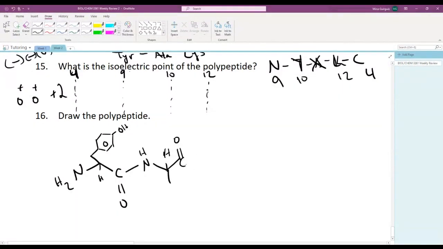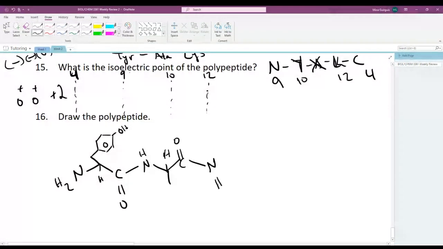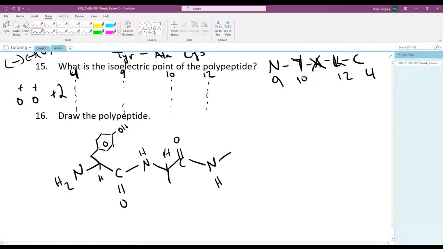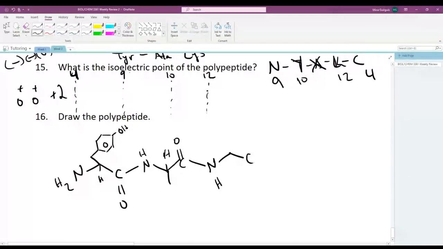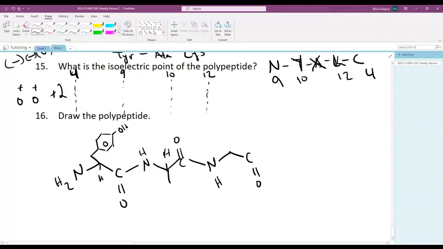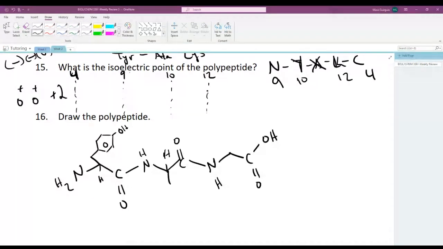Okay. So now between these two, I have another peptide bond. Then I have my central carbon of this atom. Then I have my carbonyl, except this carbonyl, since we're at the end, is my C-terminus, so I can go ahead and draw the OH. Okay? Now lysine. Does anyone remember what lysine looks like?